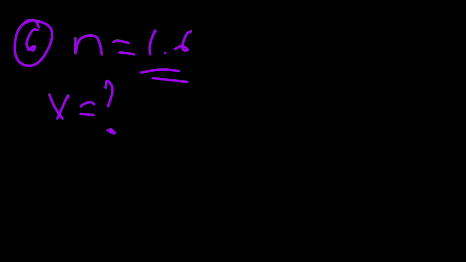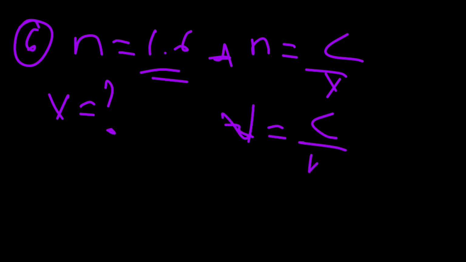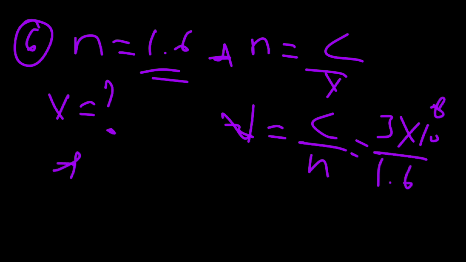So next question. A transparent medium has refractive index 1.6. Calculate the speed of light in that medium. V is equal to question mark. So n is equal to C by V. C value we don't know. V is equal to C by n. So 3 into 10 power 8 divided by 1.6, which means 30 by 16 into 10 power 8.